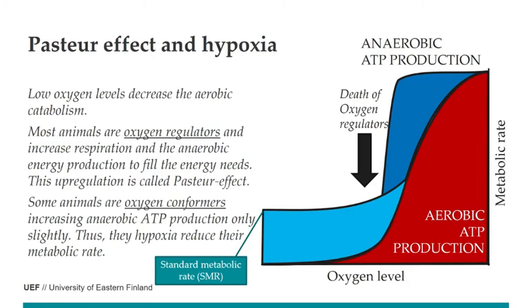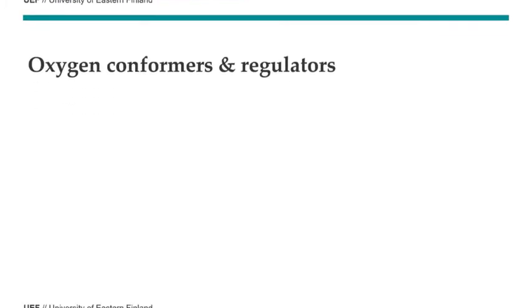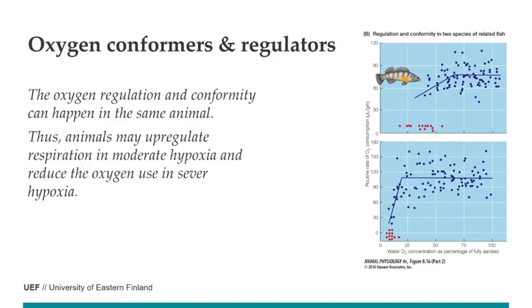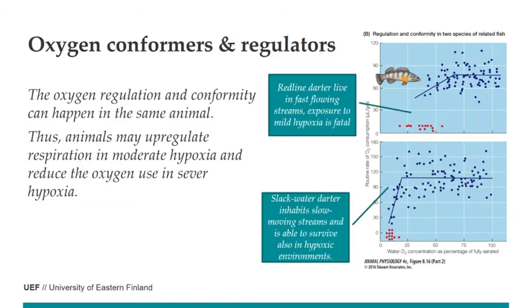And the division between oxygen regulator and conformer is a little bit too simple. So it can happen also in the same animal. So the animals can upregulate the respiration in moderate, so in mild hypoxia, and reduce the oxygen use in severe hypoxia.